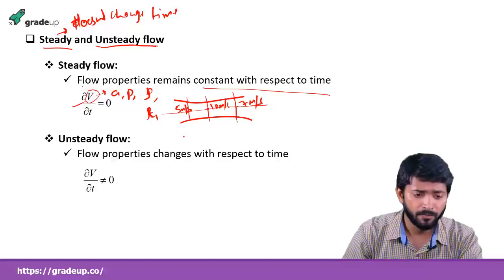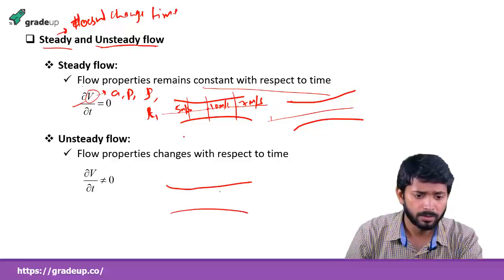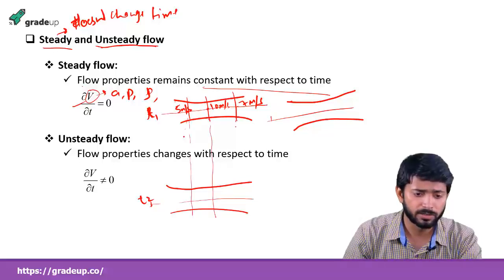Now if we say at time t2, at the same locations, again the velocity is 5, here the velocity is 10, and here the velocity is 7 again.